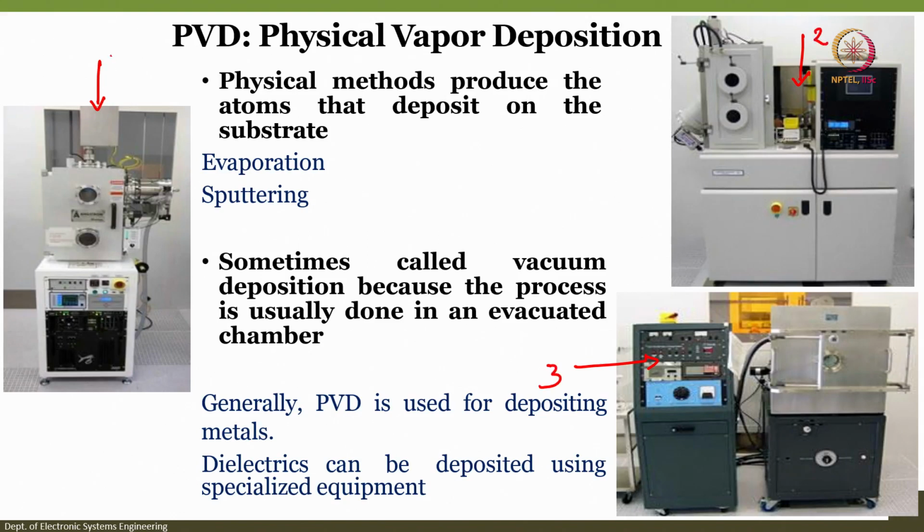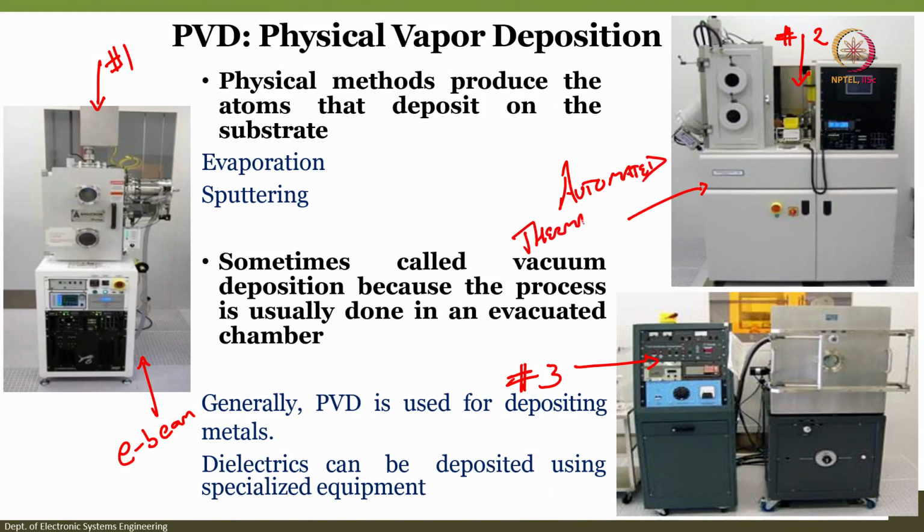This is number 2, this is number 1. So, this is a thermal evaporation system, and this is an electron beam evaporation system. This is an automated thermal evaporation system. This is a manual thermal evaporation system.